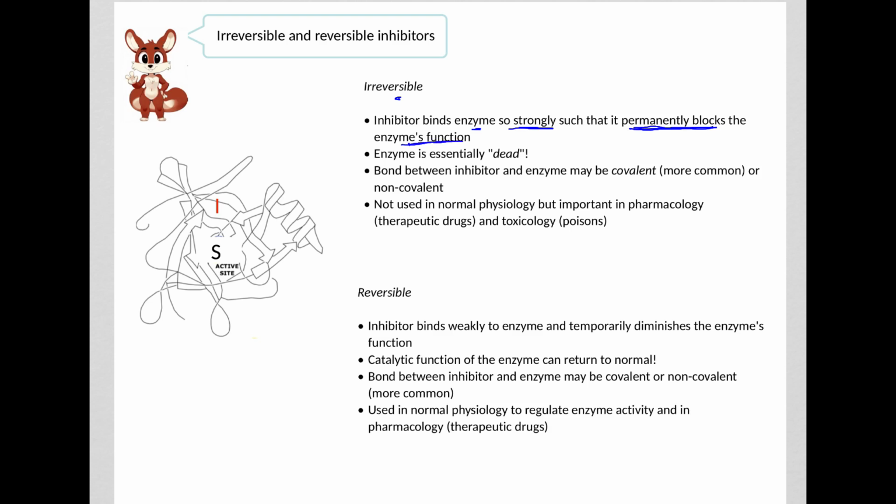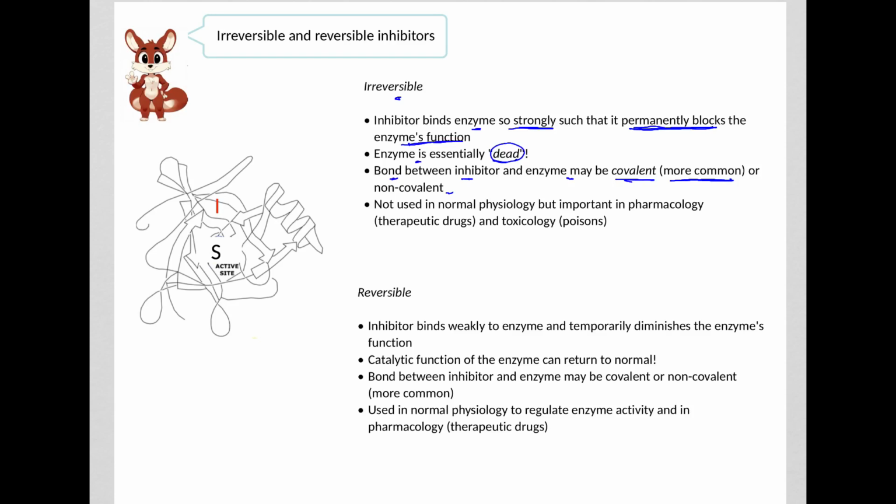This means when the irreversible inhibitor binds, the enzyme is essentially dead. Now, the bond between an irreversible inhibitor and enzyme may be covalent, which is the more common situation, but it may also be non-covalent.